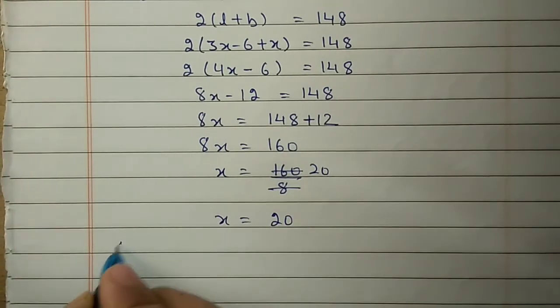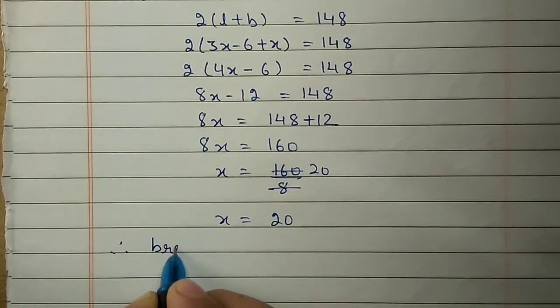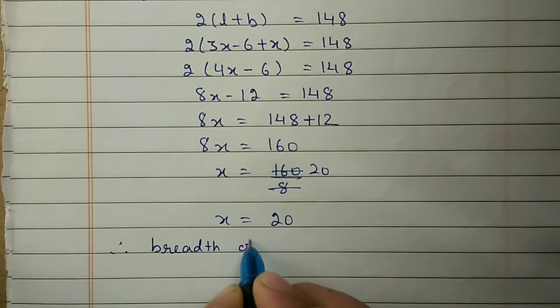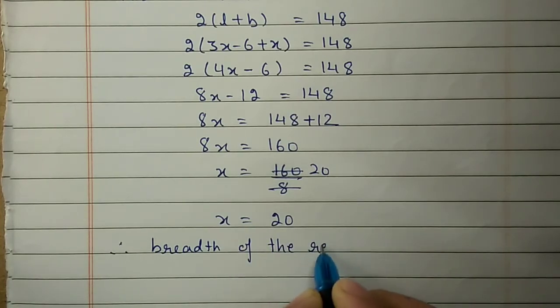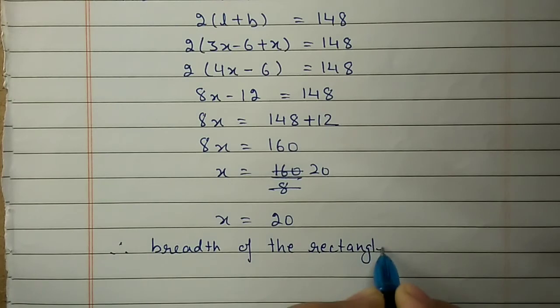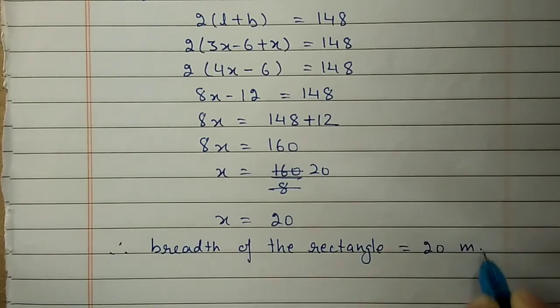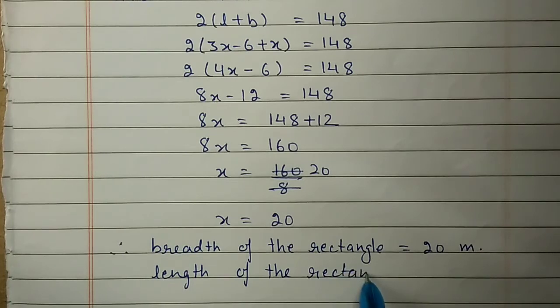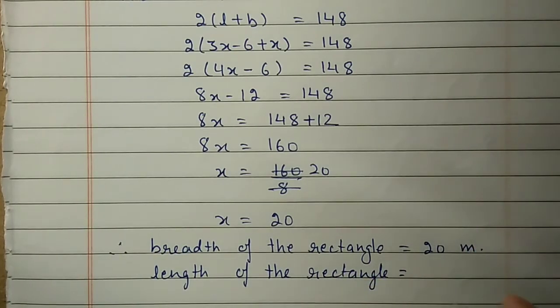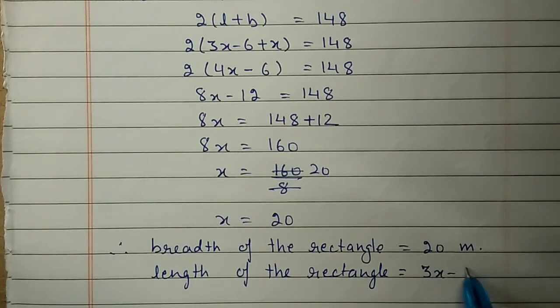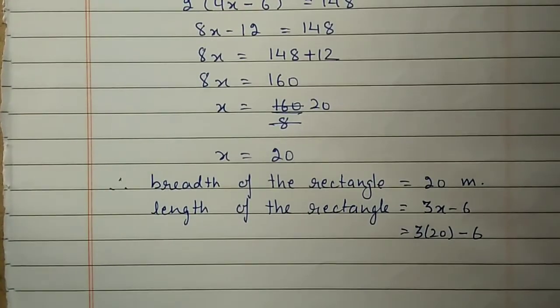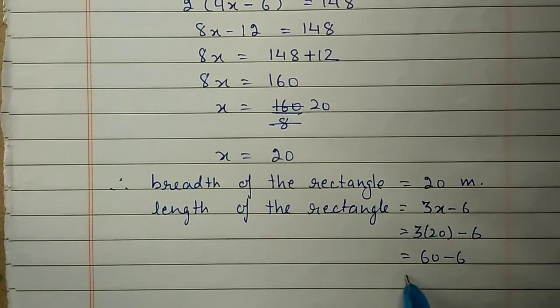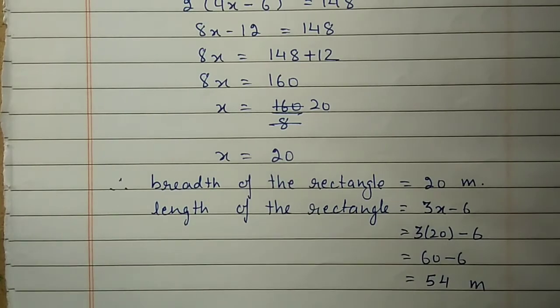It means the breadth of the rectangle is 20 meter and length will be, length we have taken 3x minus 6. 3x minus 6 means 3 into 20 minus 6. 3 into 20 is 60. 60 minus 6 is equal to 54 meter.